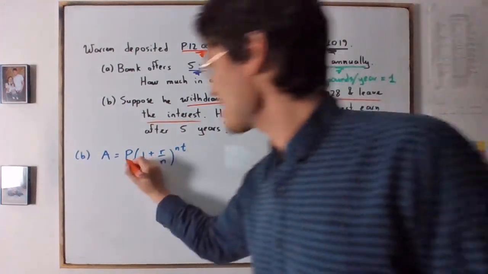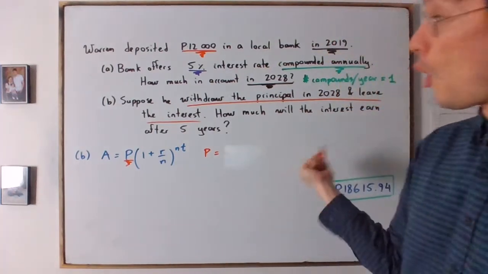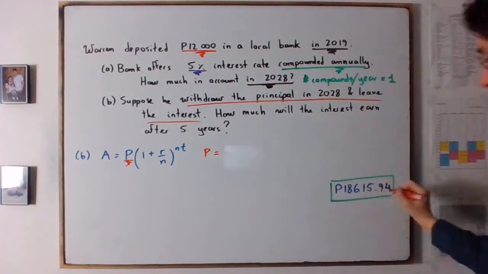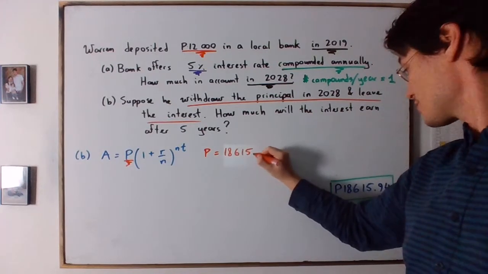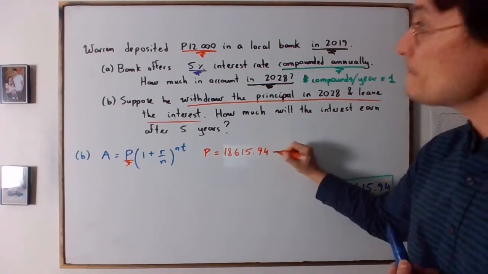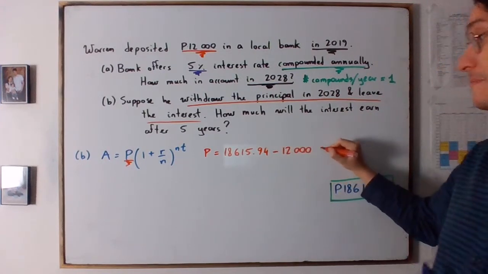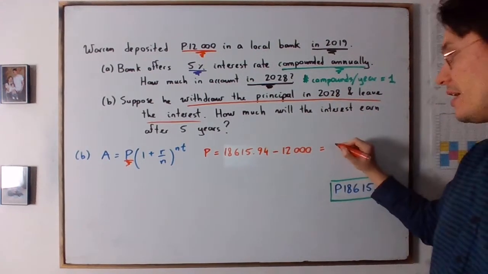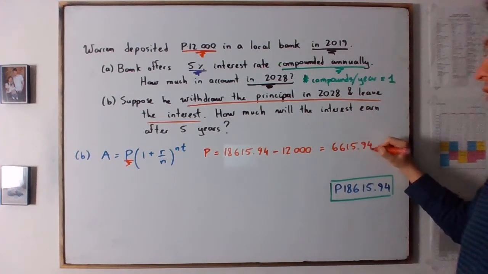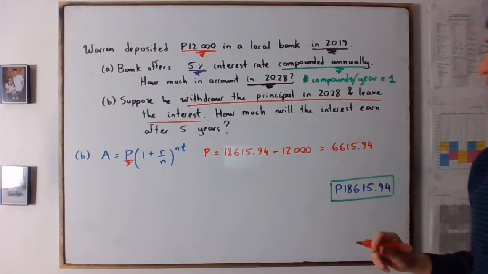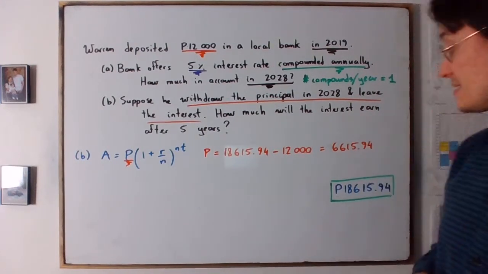What it means is that the new principal is going to be the answer that we have over here: 18,615.94 minus the old principal, which is 12,000. So in other words, you're going to get 6,615.94 pesos.